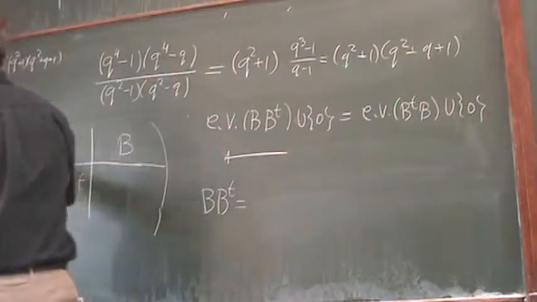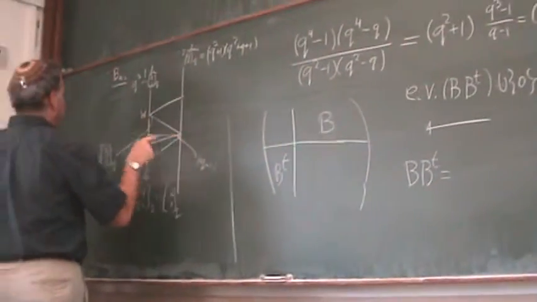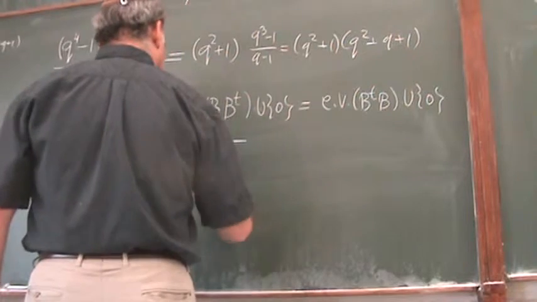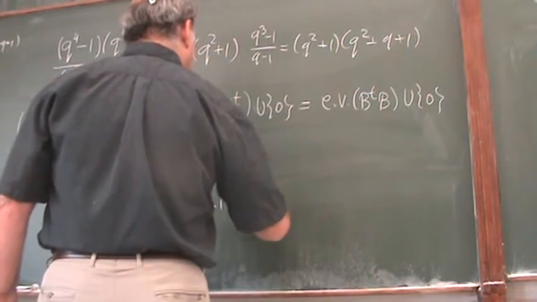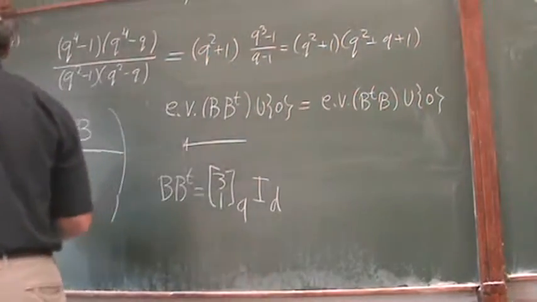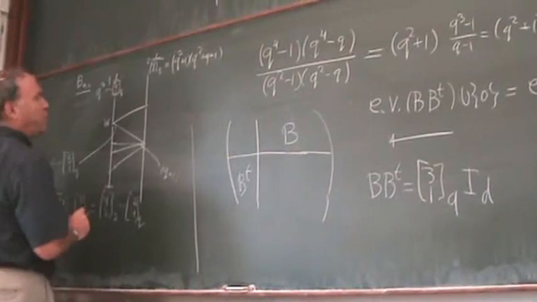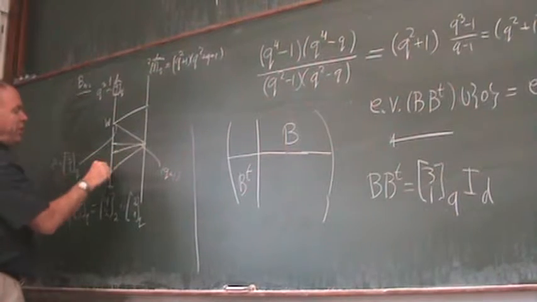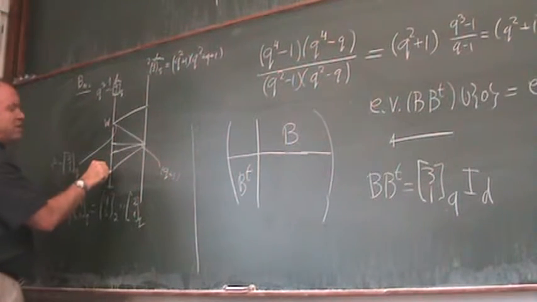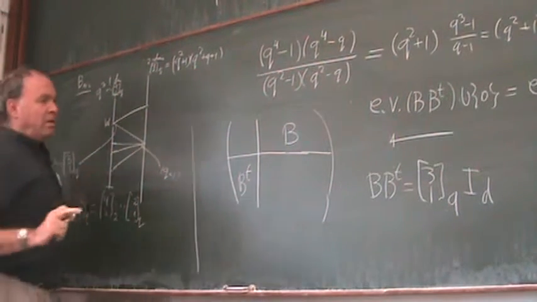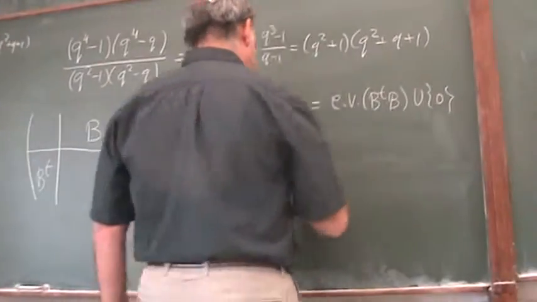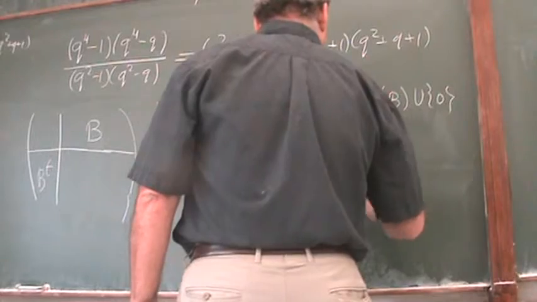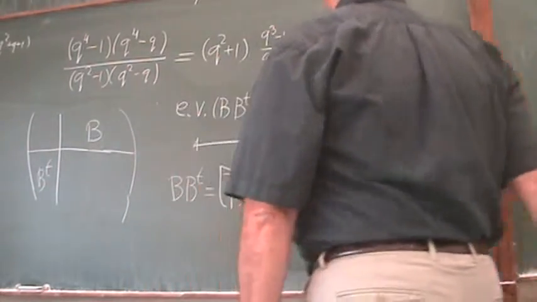The number of times to go and come back is the degree here, which is 3 over 1 q, times the identity. And now the question is, in how many ways can we go from one dimension to two dimensions and come back? That's actually easy. And this is plus, there is a unique way, plus J minus I. Okay, good.